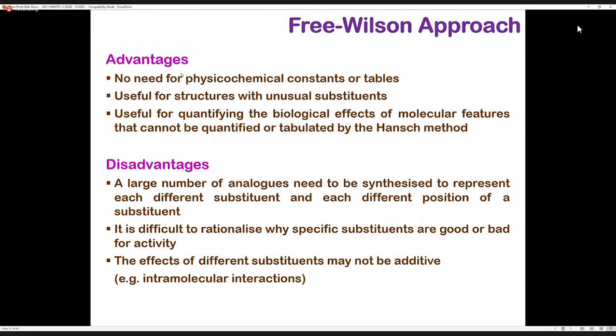Best juga guna table. Useful for structures with unusual substituents because you tak perlu nak measure dia punya physical-chemical constant lah, right? Useful for quantifying biological effects that cannot be quantified lah by Hansch method lah, itu je.